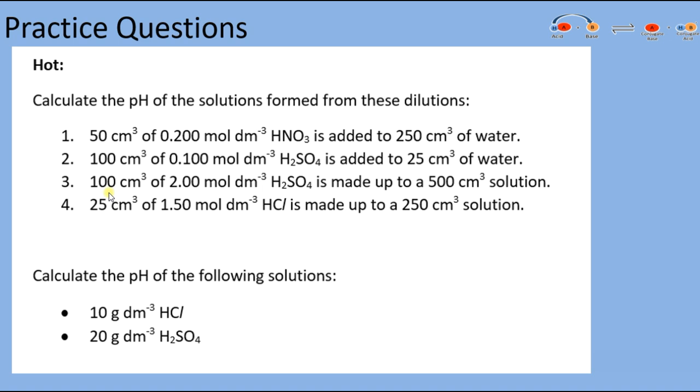I want to tell you another little trick that you can do. Sometimes you don't know which way to divide, the original volume by the final volume or the final volume by the original volume. To avoid that confusion, there is another way to work out a new concentration when dilution is involved. So you have 100 centimeter cube of this concentration.